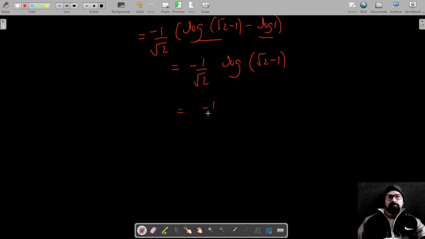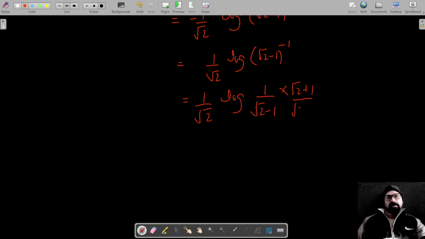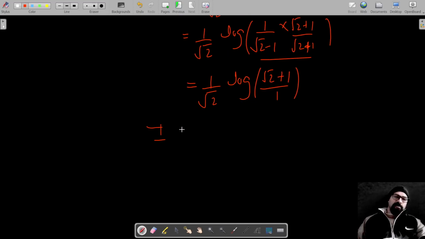And if I take negative to the power, root 2 minus 1 raised to power negative 1, so this becomes 1 by root 2 log of 1 upon root 2 minus 1. And if we have to rationalize this, this is now 1 by root 2 log of root 2 plus 1. This is always a square minus b square, which is 1. So finally our integral is 1 by root 2 log of root 2 plus 1.